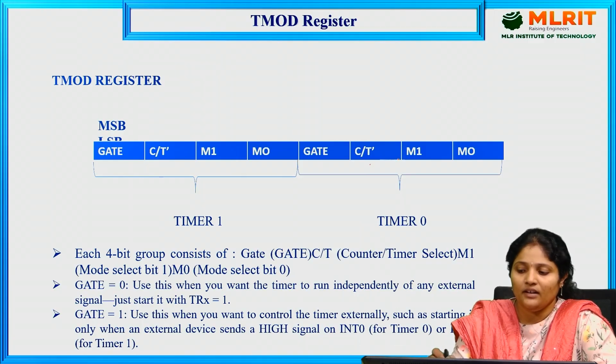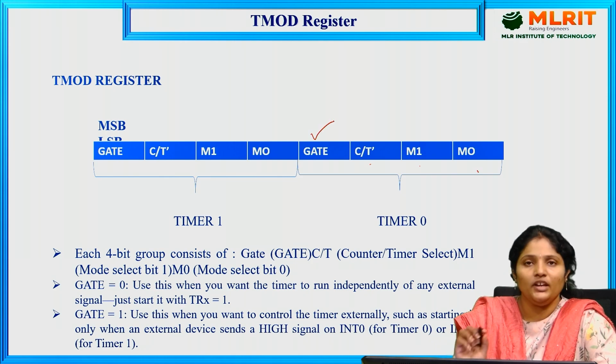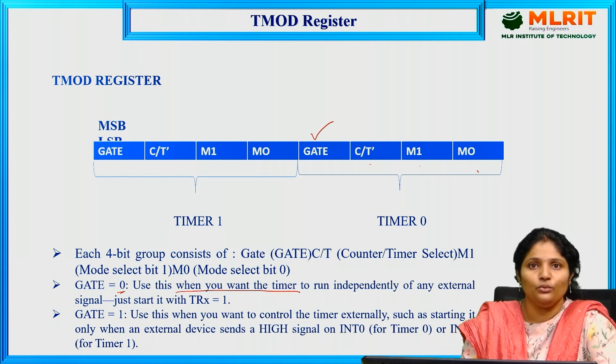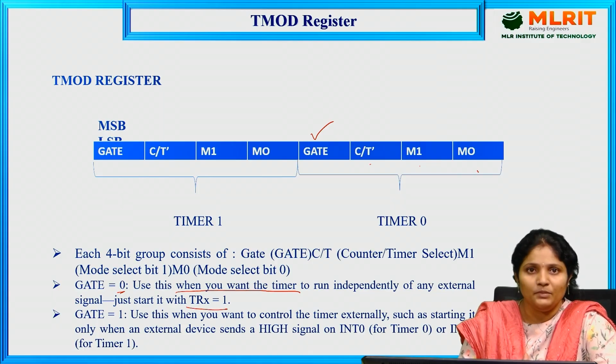Here the gate bit: if the gate bit is 0, we want the timer to run independently of any external signals. Just start it with TRx equal to 1. If we want to start Timer 0, we just keep TR0 as 1. If we want Timer 1, we keep TR1 as 1.